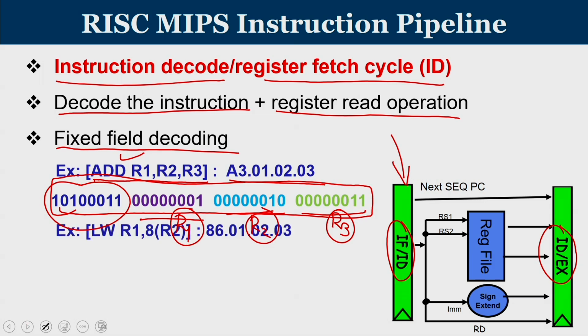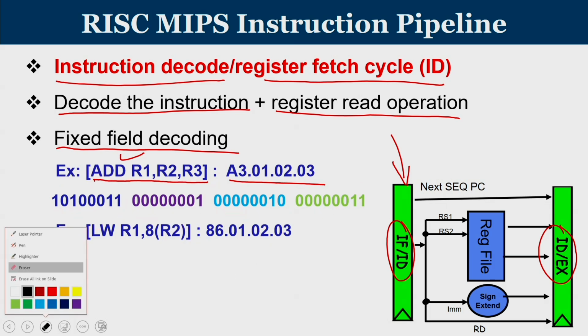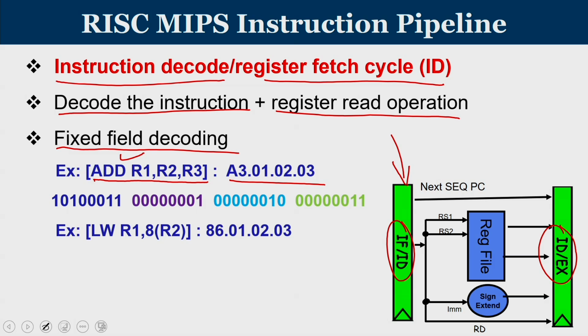It can also be a case that the instruction is going to be a load word instruction. This is a RISC microprocessor, and RISC uses load and store instructions in order to transfer contents from memory. So, load word R1, 8 of R2, let us say it is an instruction whose meaning is I have to transfer the contents from a memory location into a register.